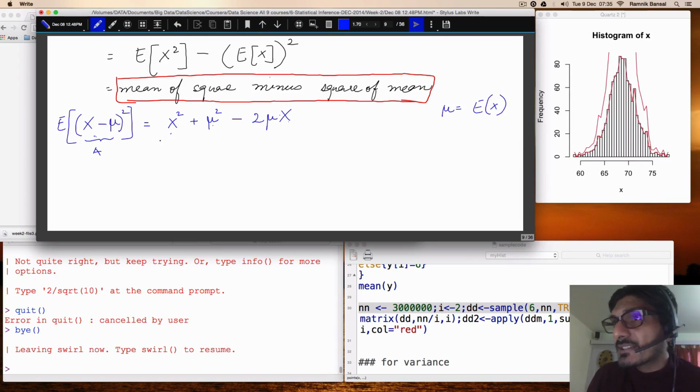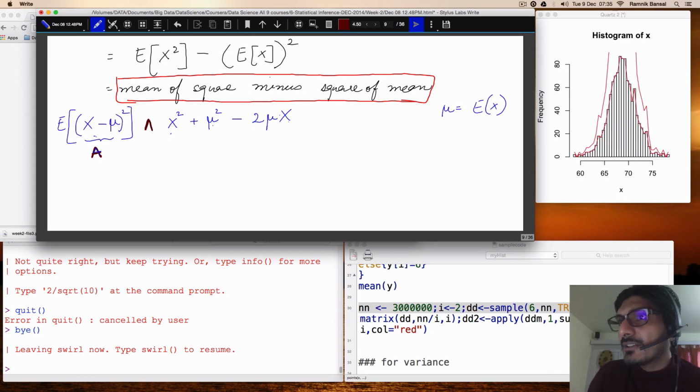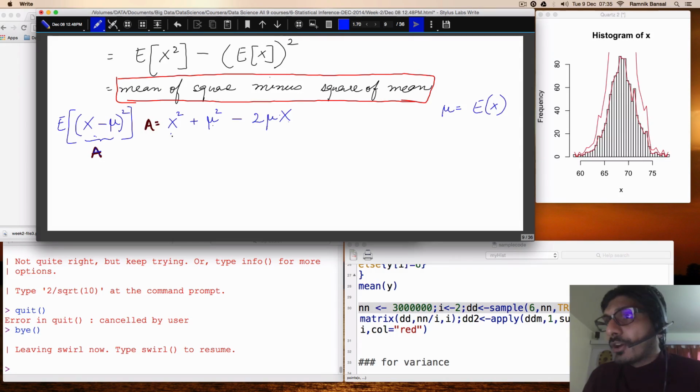So a is equal to this. Now expected value of a, we said linearity, right?